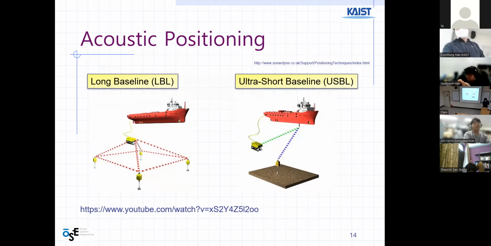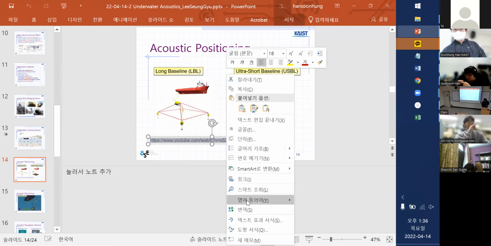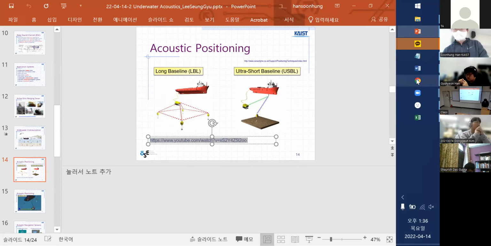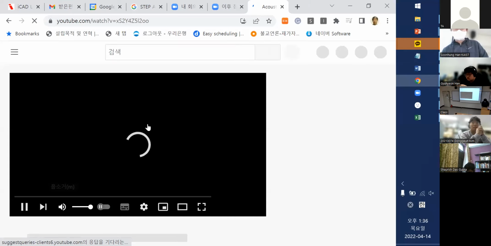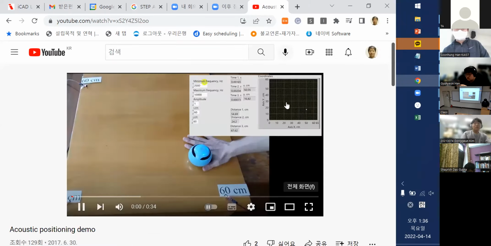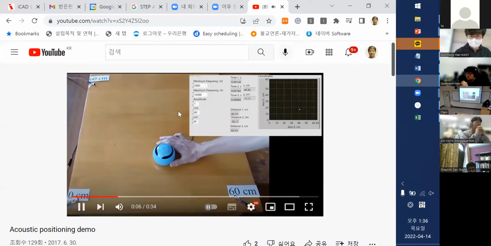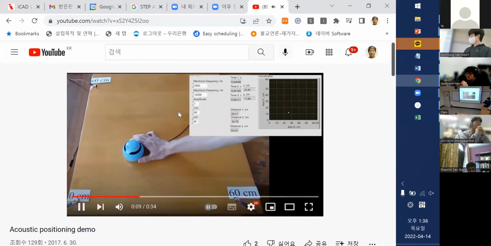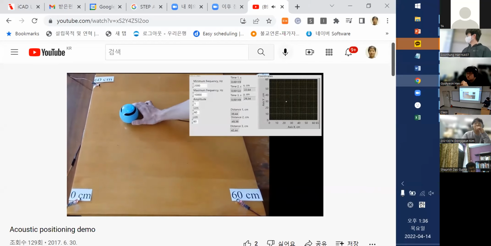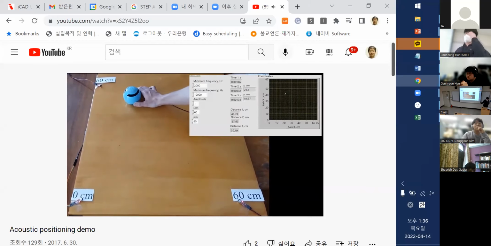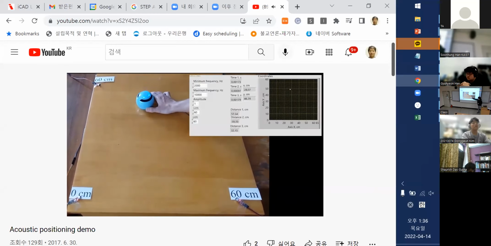It explains the principle of acoustic positioning. This one is the sound source, and this one is the sound sensor.